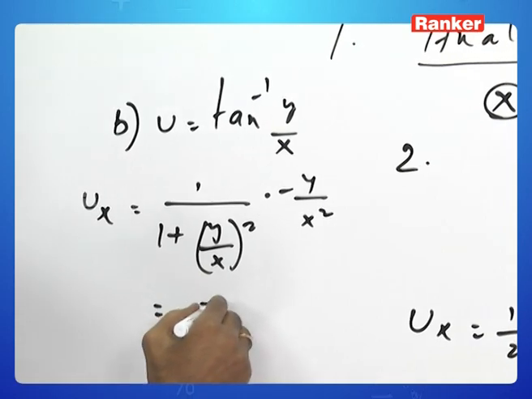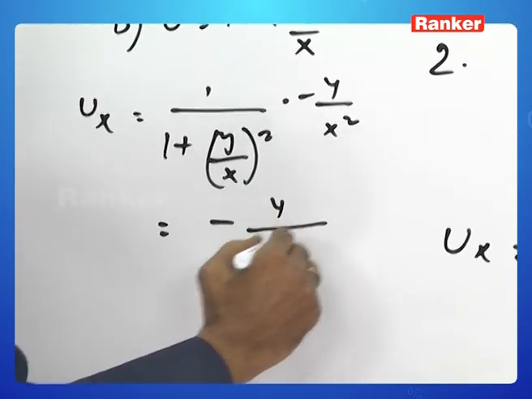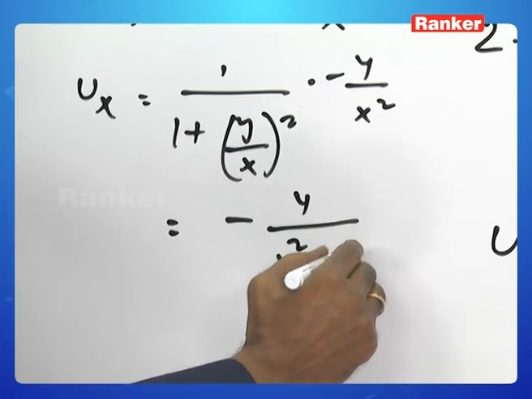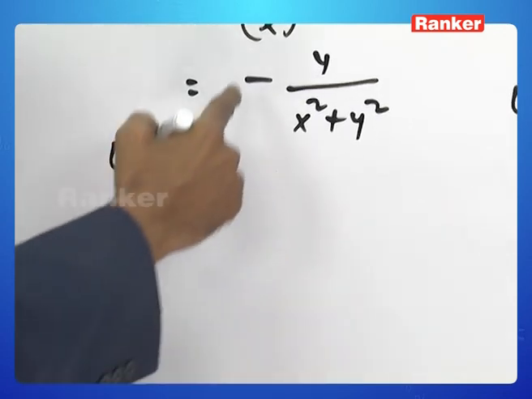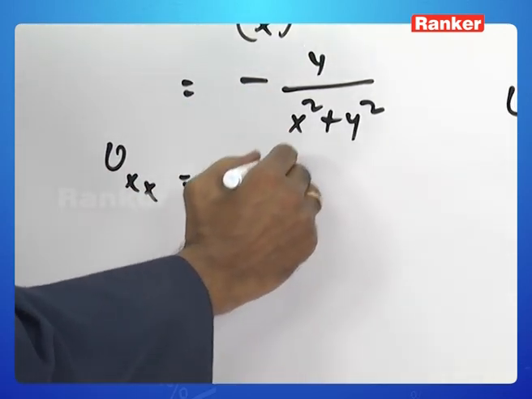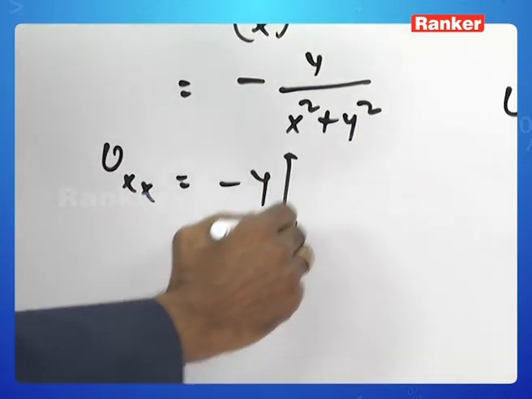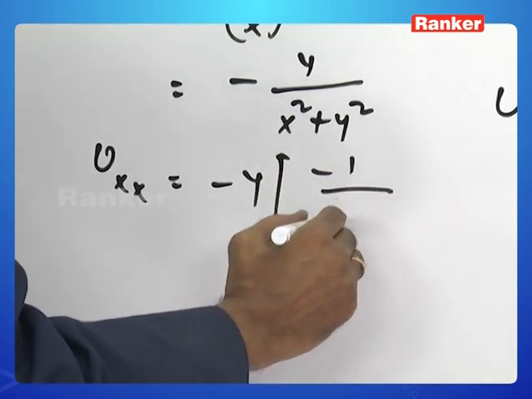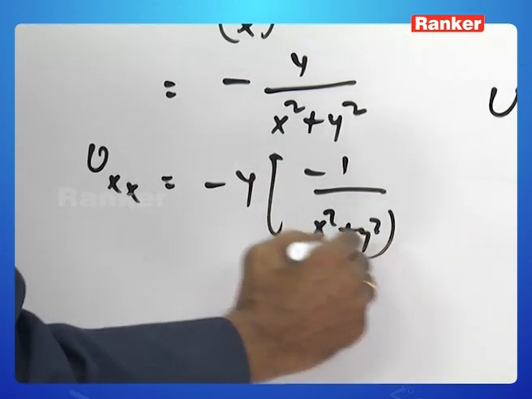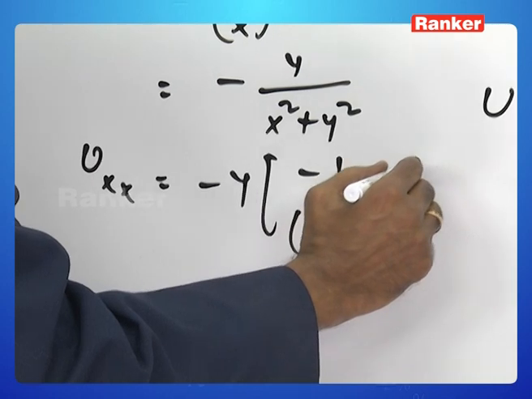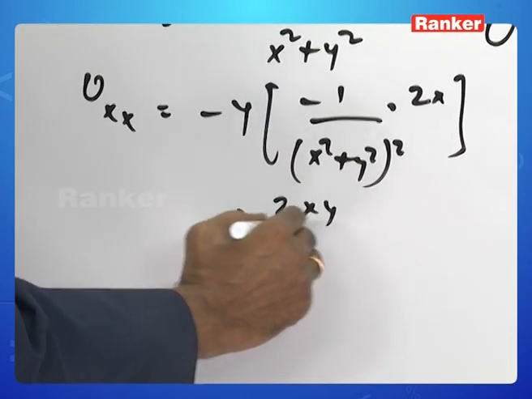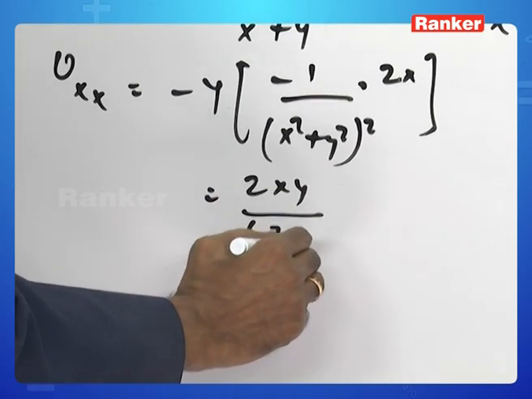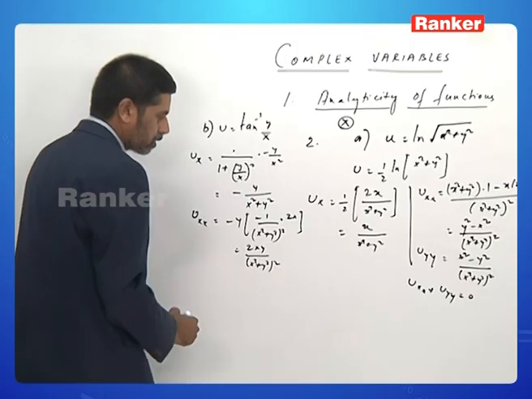This will give us minus y by (x square plus y square). When you take uxx, minus y is a constant, differentiate 1 by (x square plus y squared), you get minus 1 by (x square plus y square) whole squared into 2x. So, you get 2xy by (x square plus y square) whole square.